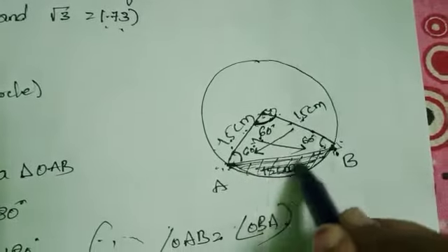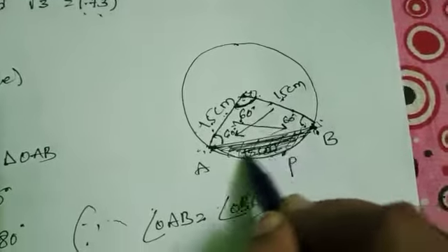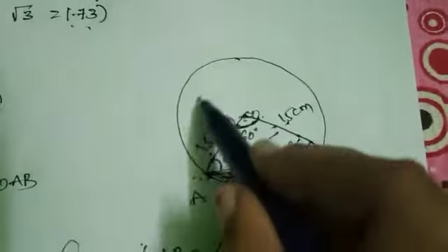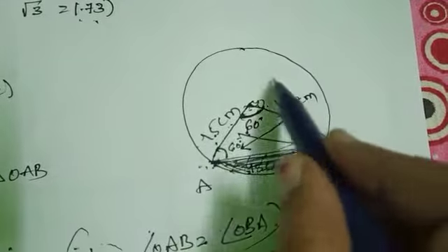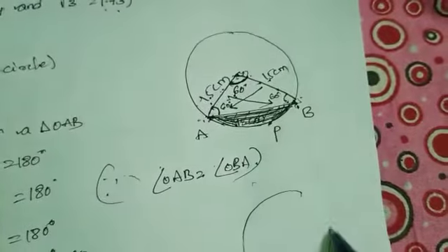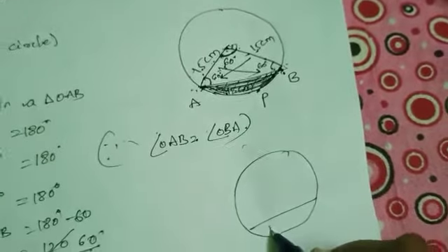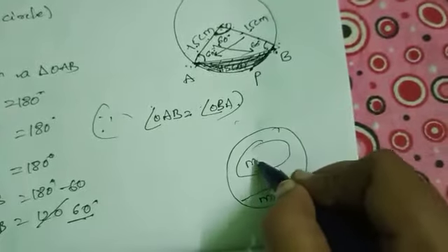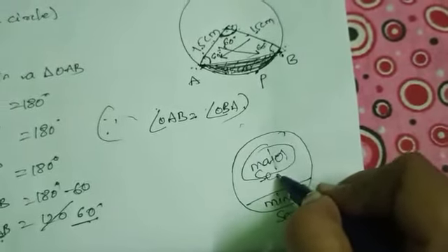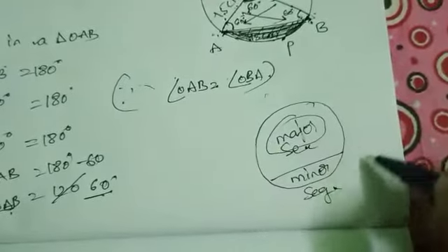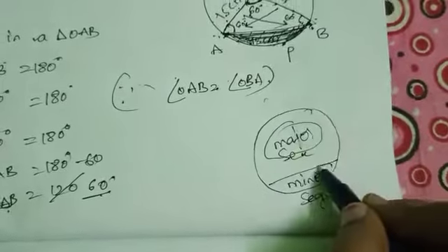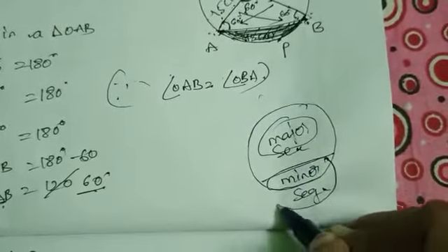Here this shaded region is the minor segment. The remaining part is called the major segment. So how do we find the area of the major segment? It is the total area of the circle minus the minor segment area.